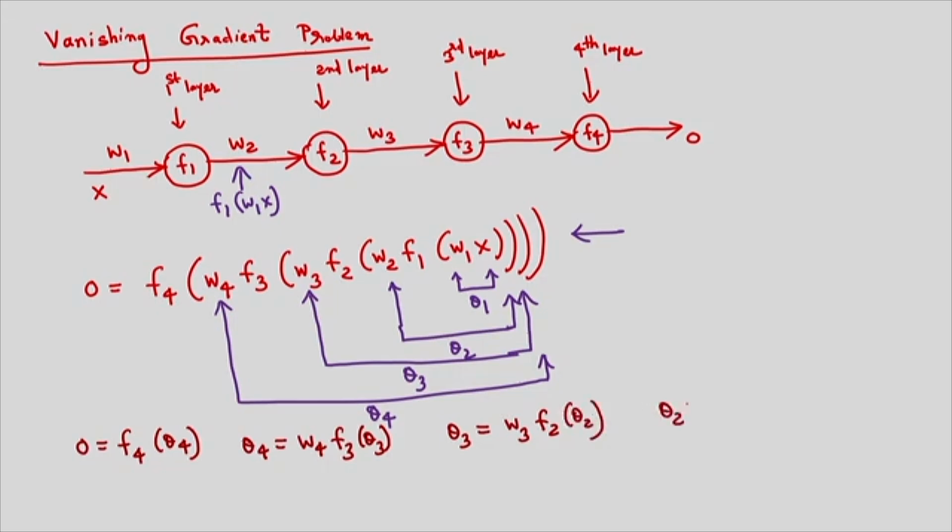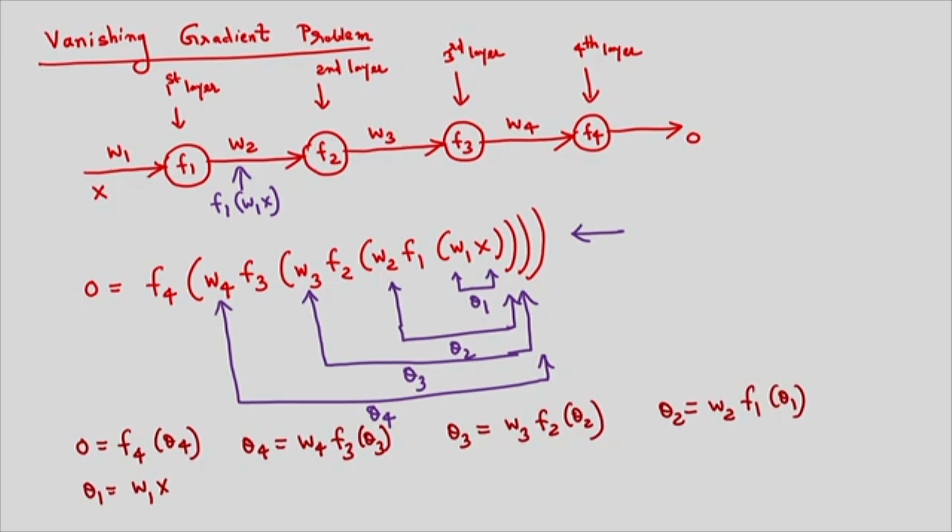Theta 2 is equal to W2 F1 theta 1, and finally theta 1 is equal to W1 X. So I will be getting these outputs corresponding to theta 1, theta 2, theta 3, theta 4.